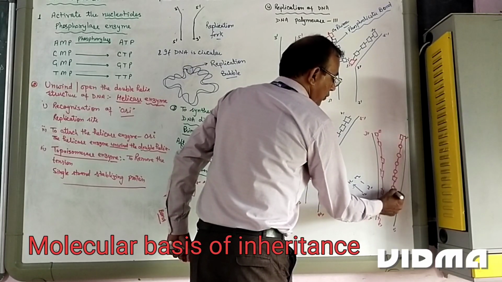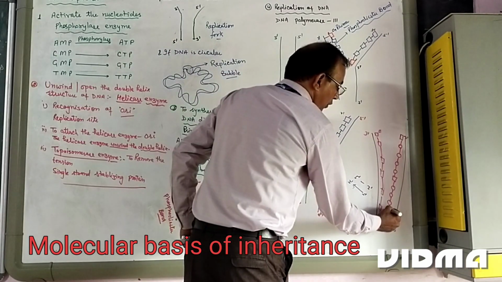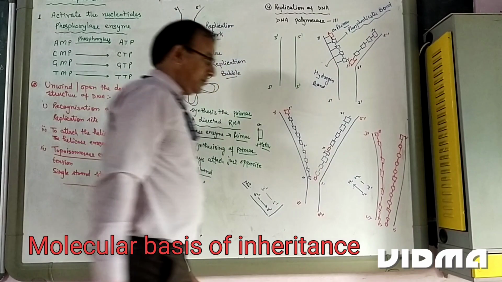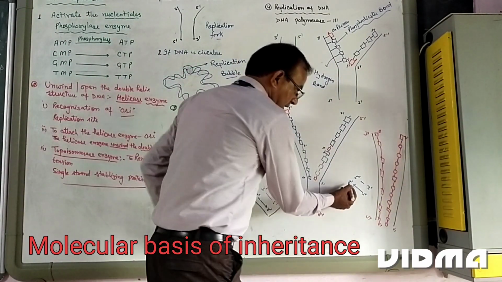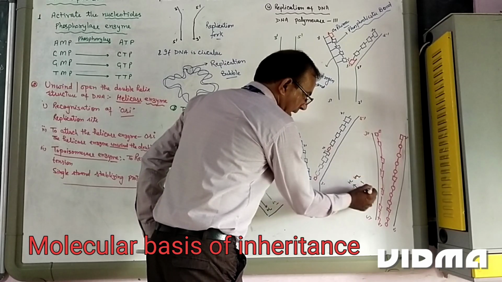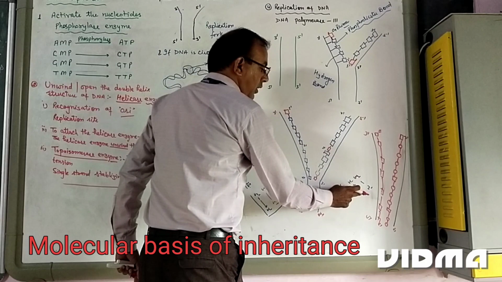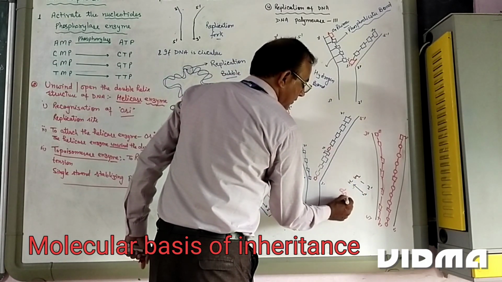It synthesizes nucleotide, and when we open it, one more primer is required. It again synthesizes this one. So this is the discontinuous strand. If the template strand is 5 prime to 3 prime, the new synthesized strand will always be 5 to 3, but it is discontinuous.